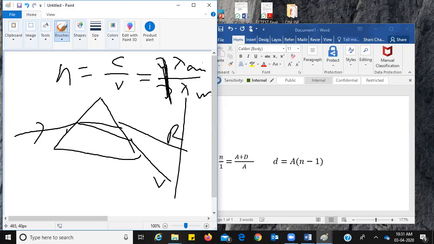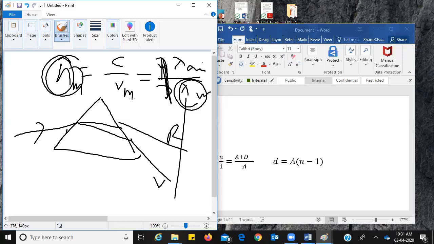Nu is constant, so n and the wavelength are inversely proportional. There is another formula, Cauchy's formula, but we don't have it in the syllabus.